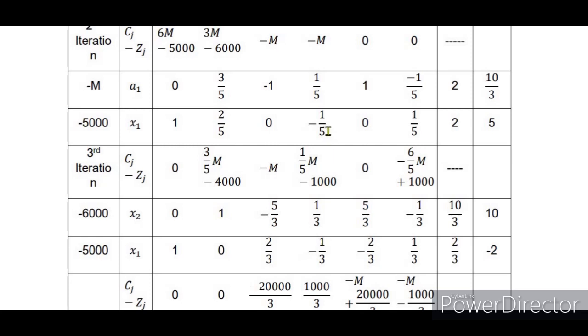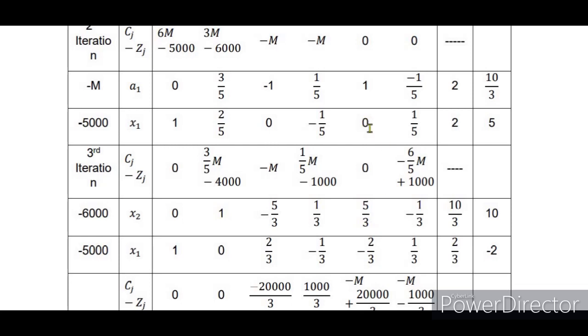Okay, so 1/3 times 2/5 is equal to positive 2/15. Okay, so the previous value is negative 1/5. So negative 1/5 minus 2/15 is equal to negative 1/3. That is why it is negative 1/3 here. Okay, so next, 5/3 times 2/5 is equal to 2/3.